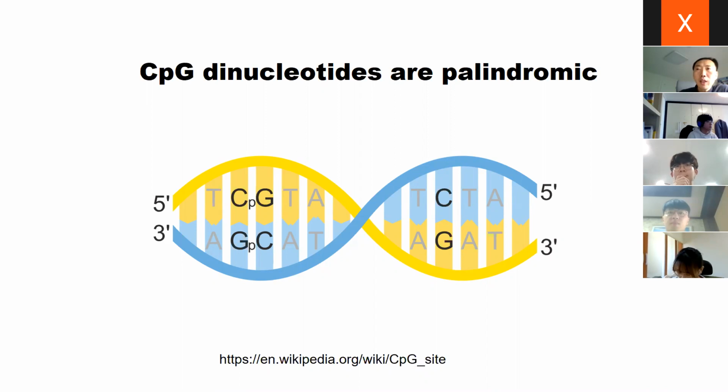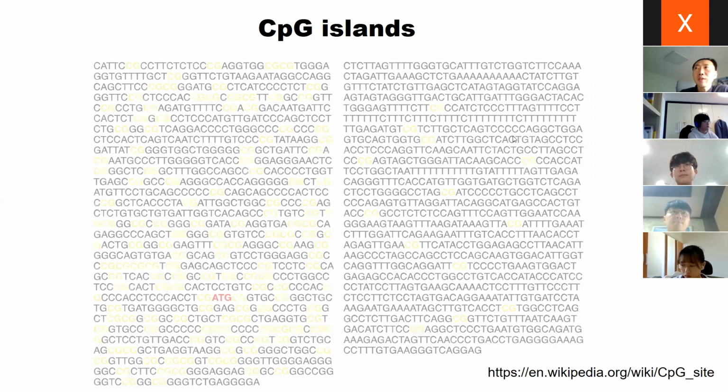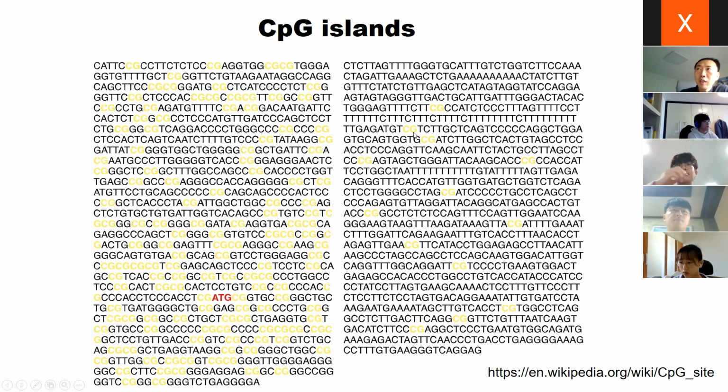So if this is only 6%, then should this be random or not? That's an interesting question. And this is not random. In most of those genes, this CG sequence is quite rare. It's much less than 6%. But some areas are highly condensed. Which area?